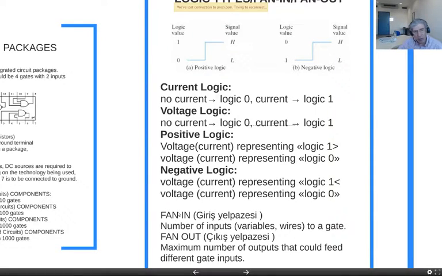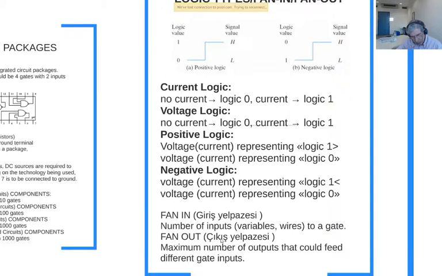We mentioned fan-in, so let's talk about fan-out as well. Fan-out tells us how many connections you can make between this element's output and the other elements' inputs.